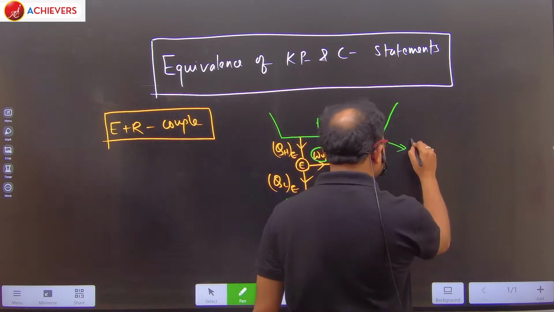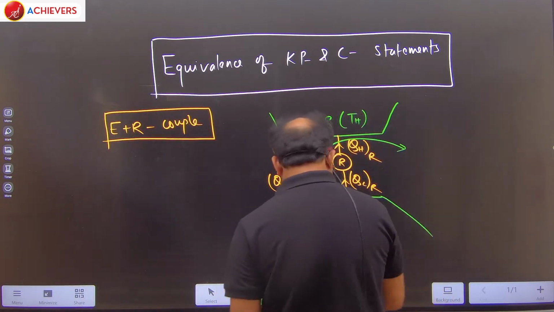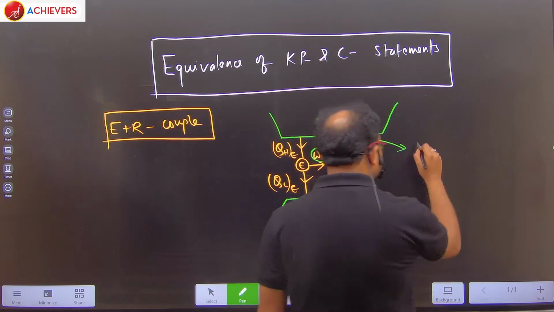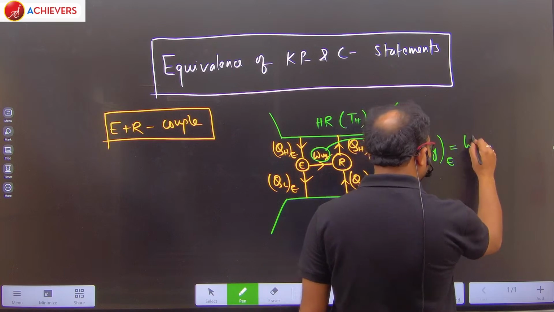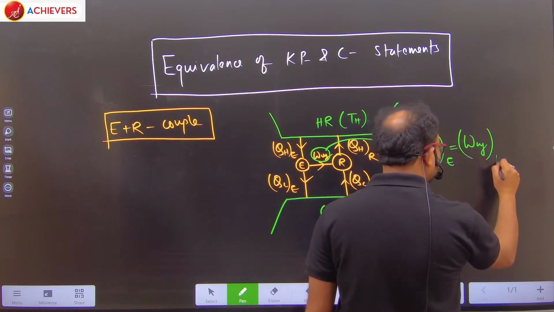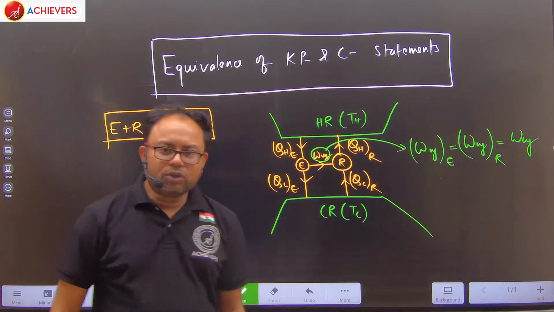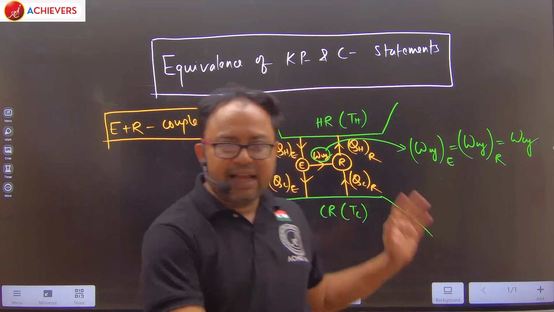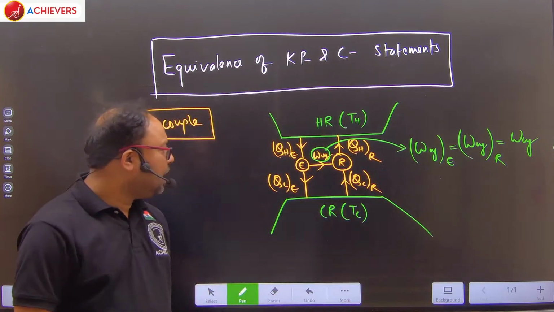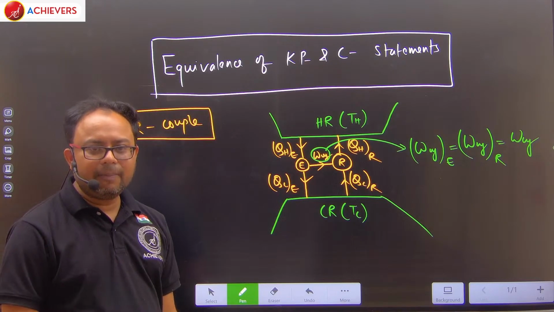So basically, W cyclic for the engine is equal to the W cyclic for the refrigerator, and it is simply written as W cyclic. So we leave the suffix because they are same. So in this way they are coupled.